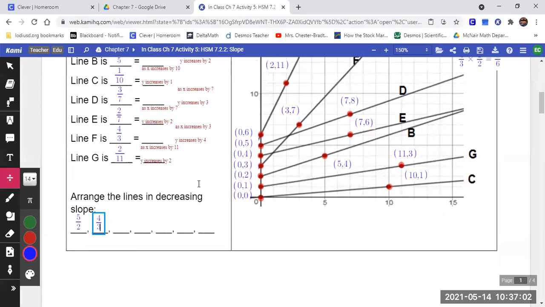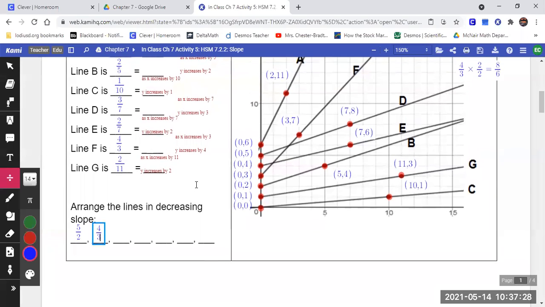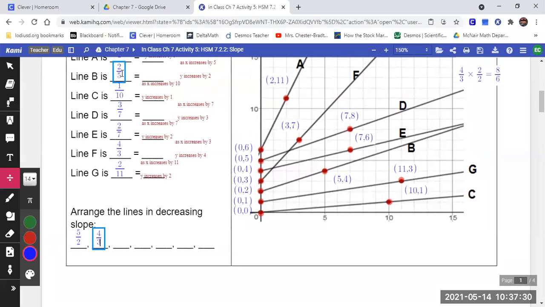So which one's the next one that looks closer to flat from F? It's a little bit steep, but not D. It's a little bit taller of a mountain. That would be our 2/5.